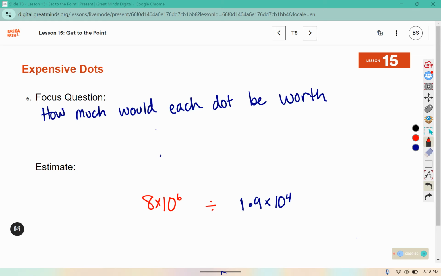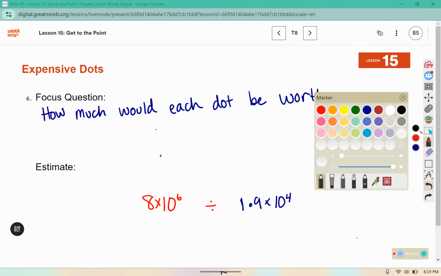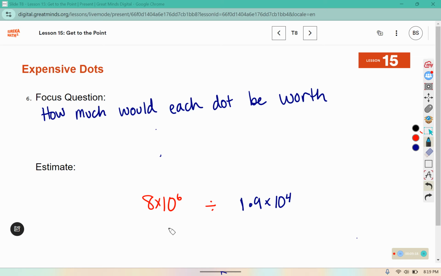So 8 divided by 1.9, which is about 4.21. And then when we're dividing, we subtract the exponent. So 6 minus 4 is 2. Or we could say that each dot is about $421 per dot or per brush stroke.